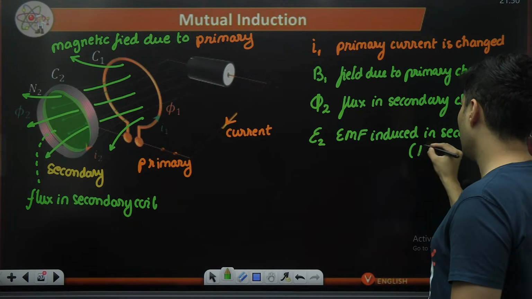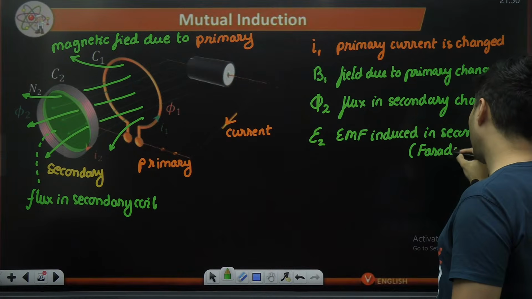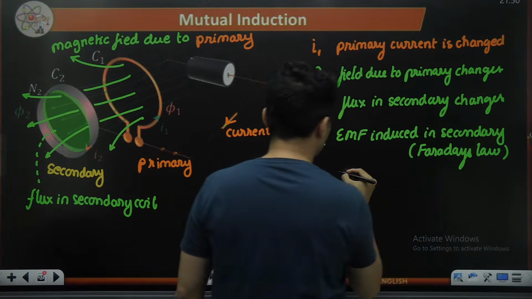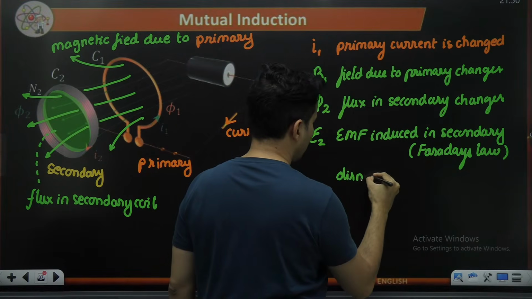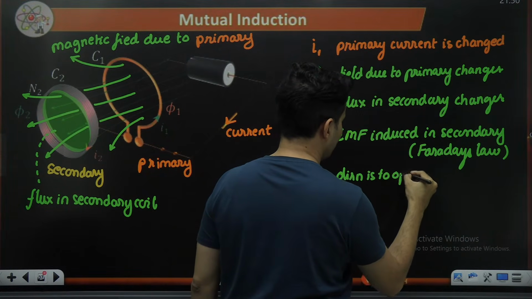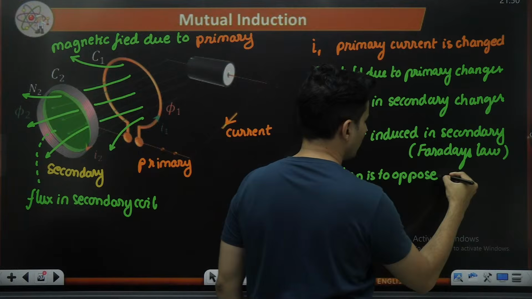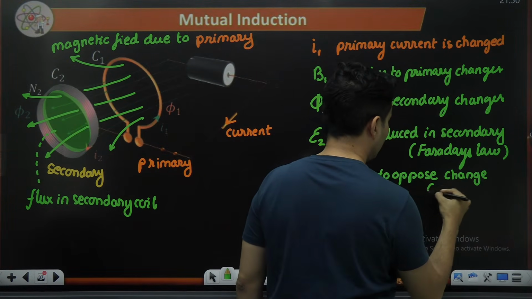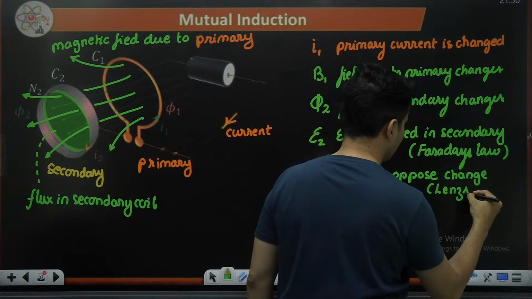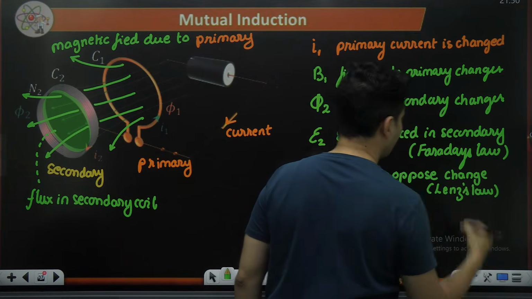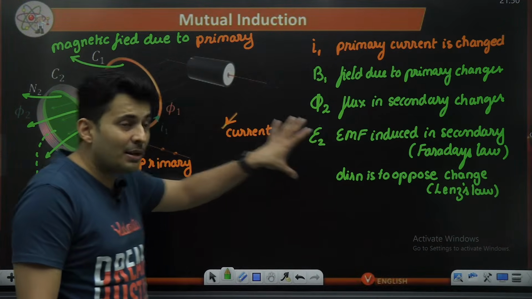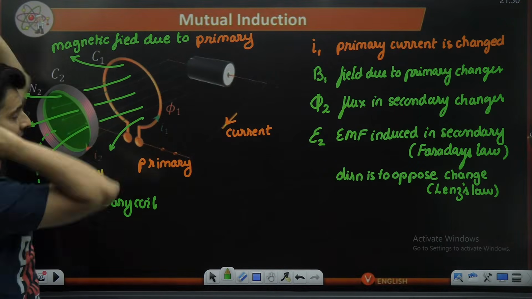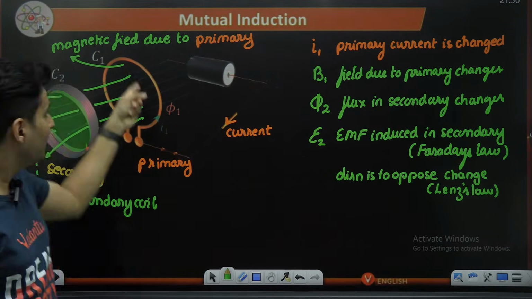This is in accordance to Faraday's law, and the direction is to oppose the change, which is as per Lenz's law. So this EMF, which is produced in this coil, opposes this current's change. It does not like this current changing.